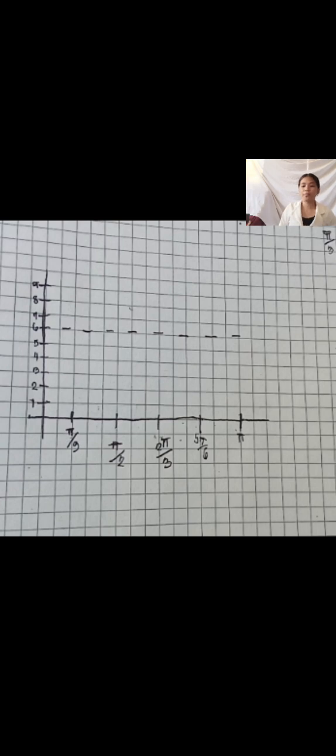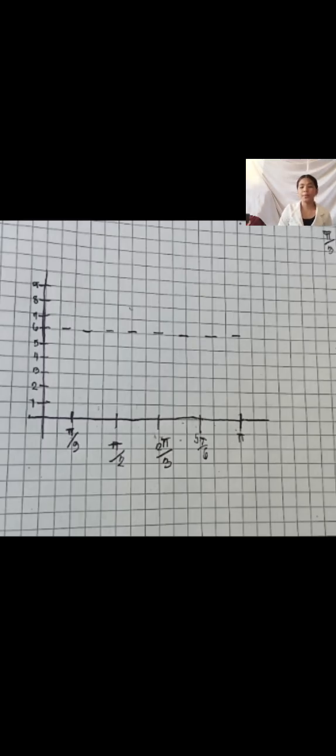Let's get the middle. Half of pi is 2 pi over 3. In order to get the middle of pi over 3 and 2 pi over 3, we need to add both of them.